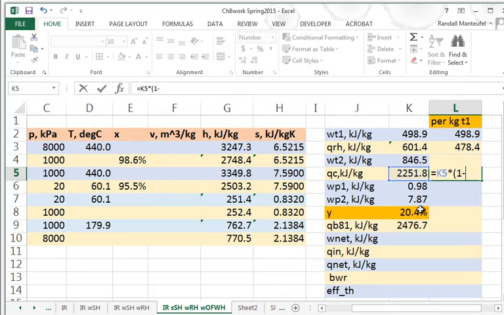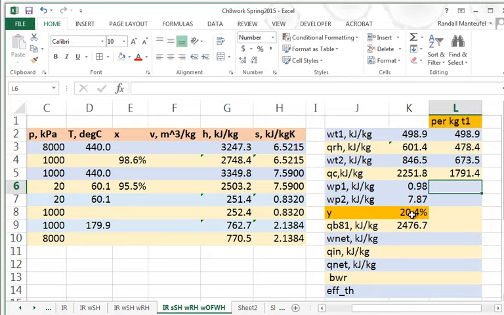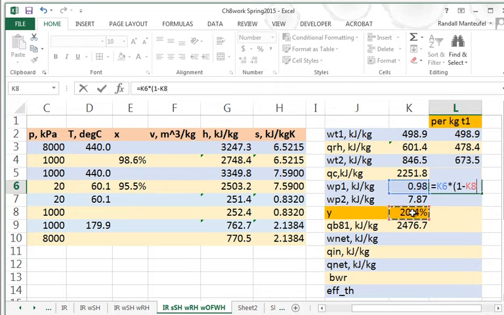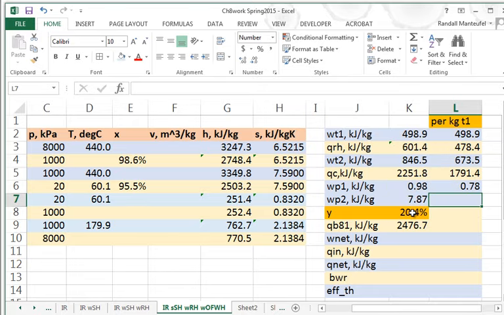And then work of the first pump, that times 1 minus Y. How about through the second pump? Everything goes through the second pump, just like everything went through the first turbine. True? Now I'm ready. Let me do the boiler. Everything goes through the boiler, the first pass.